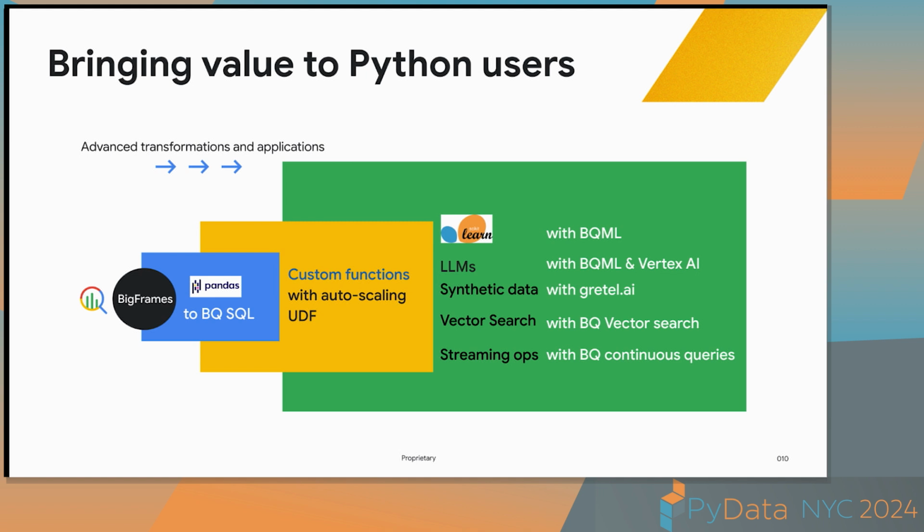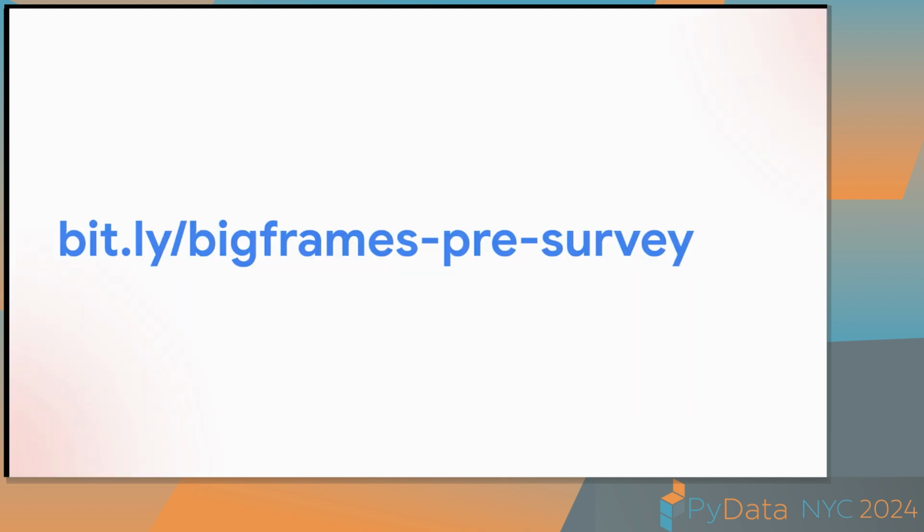And we have access to the latest and greatest LLMs and related models and tools, as well as streaming operations. So it can be part of your data pipeline to push data as it comes in from BigQuery to Bigtable and PubSub.